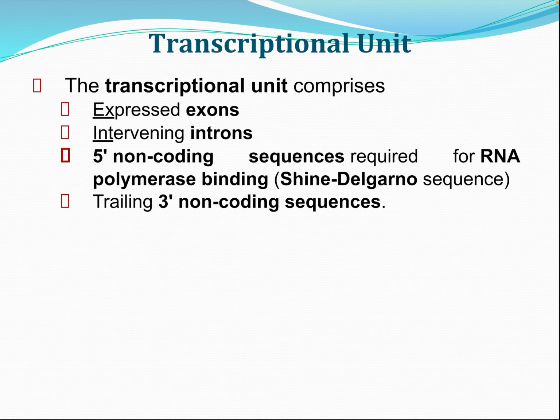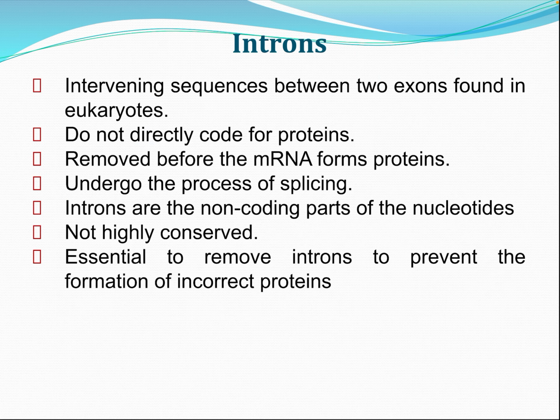And the 5' non-coding sequence is required for the polymerase to bind with the DNA nucleotides. A trailing 3' non-coding sequence is also a part of the transcriptional unit. Intervening sequences between two consecutive exons are found in the eukaryotic gene structure.